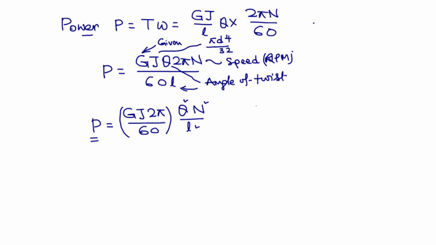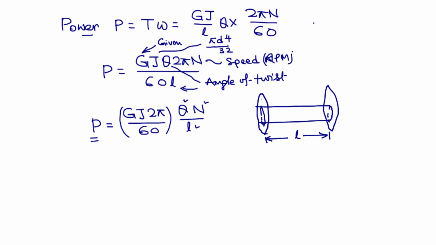For this arrangement, to find theta, n and L, there are two discs, disc 1 and disc 2, and the length between them is L. We determine this angle of twist theta with the help of a bulb and these holes on the discs.